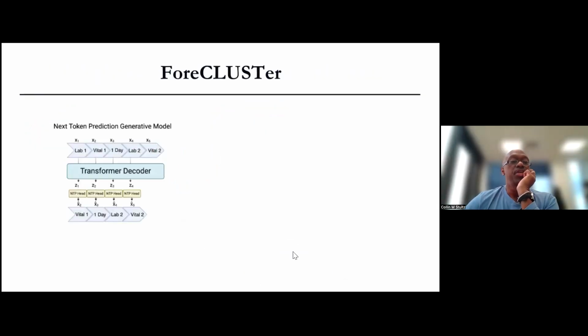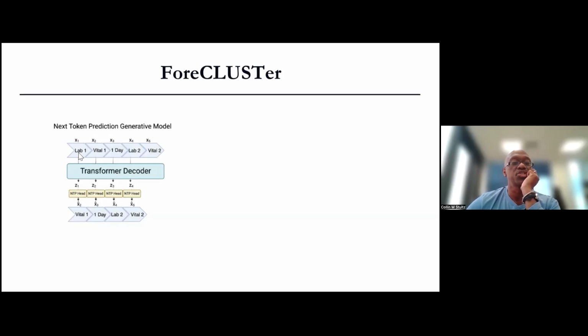So this represents the traditional transformer, of the type that is used in the GPT models. We have some tokens, and this is for a clinical trajectory. So we may have a lab value, we may have vital signs taken at a particular time, and different data that are taken each day, sometimes multiple times a day. These are encoded in some way and then decoded, from which we can do next token prediction.